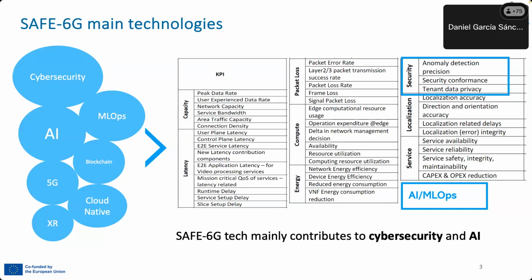Apart from it, we will have to define as well new KPIs for artificial intelligence and MLOps areas, blockchain specific ones. It's also part of the technology we will leverage to create the network function, and augmented reality related KPIs are also part of the project, because we are creating use cases to validate the technology that we are developing in the project.